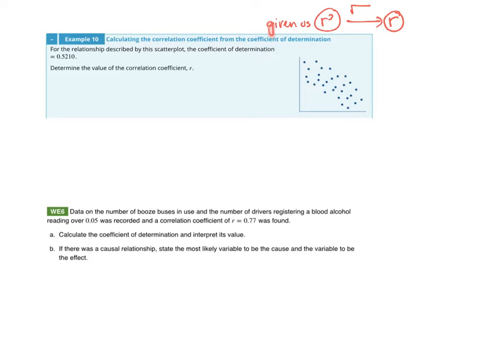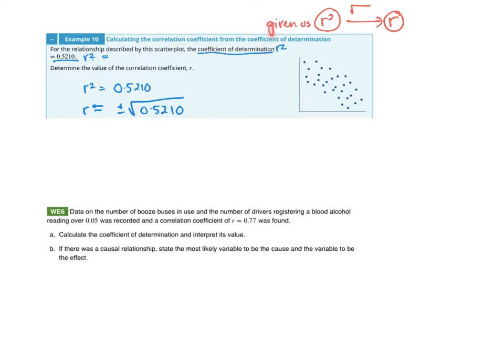So, if we look here, they told me the coefficient of determination, R squared, was this. So, if R squared equals 0.5210, then R must be the square root. Now, the square root could be plus or minus.